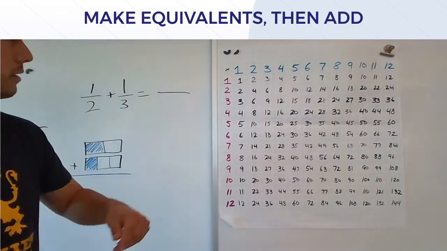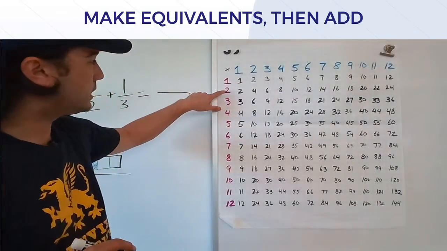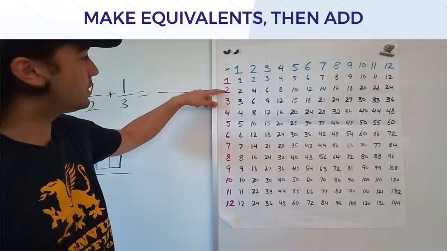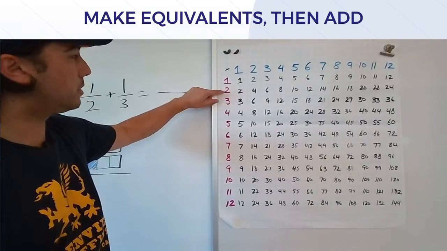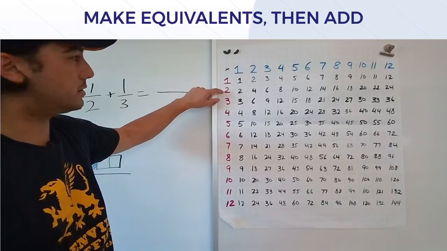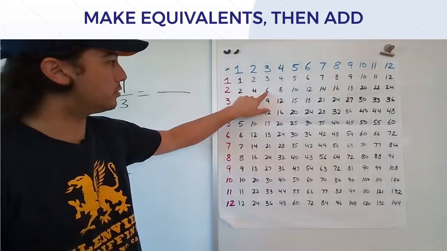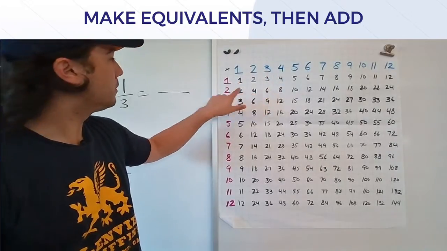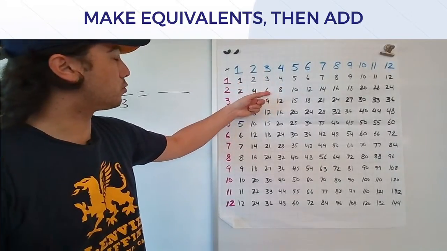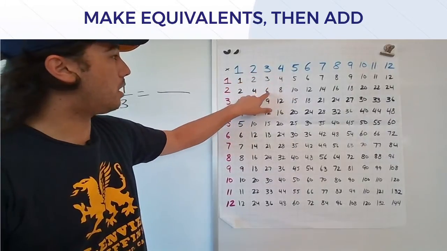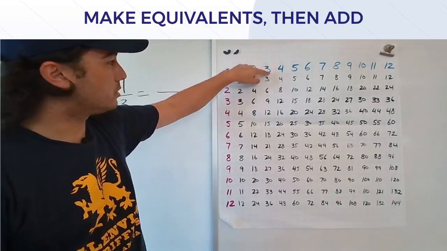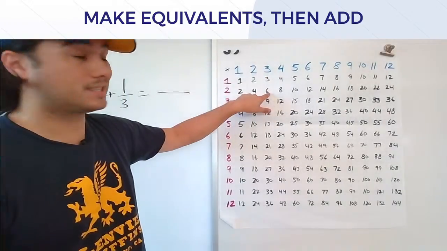Let's take our halves first. Where does our 6 show up? If I was going to multiply halves to make them into sixths, I need to multiply by 3. So in our 2's row, our 3 column. So I know halves times thirds equals sixths.